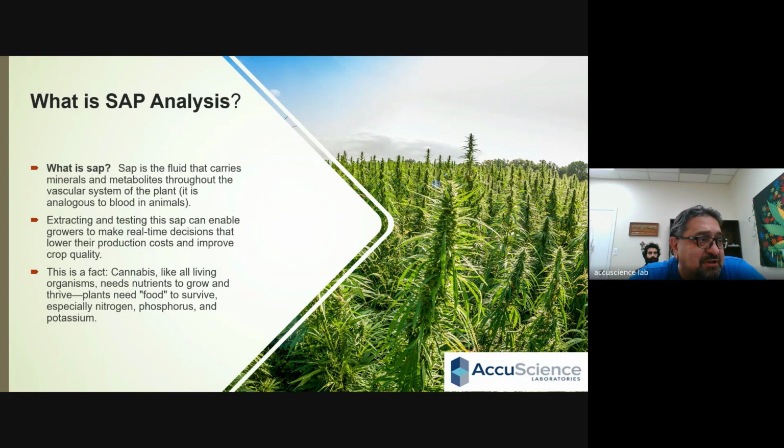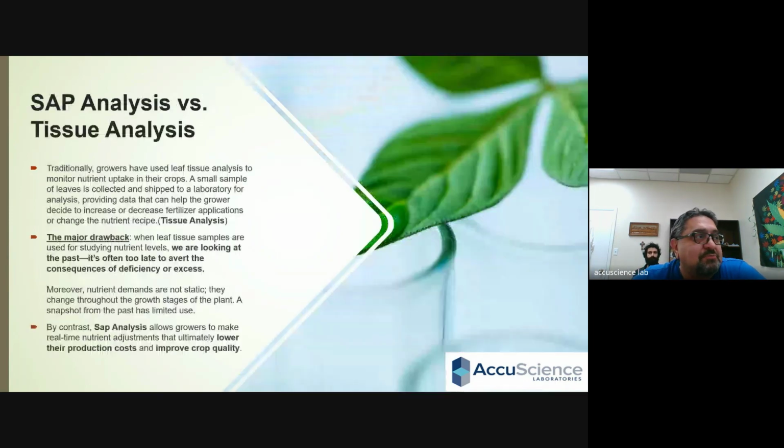Cannabis, like any other living organism, needs nutrients to grow and thrive, and the plant needs food to survive, especially nitrogen, phosphorus, and potassium. So one might ask, what is the difference between the sap analysis and tissue analysis? A lot of people are going to have that question.